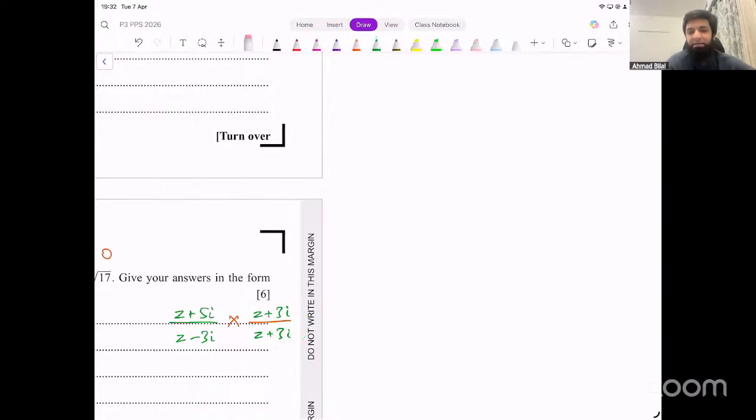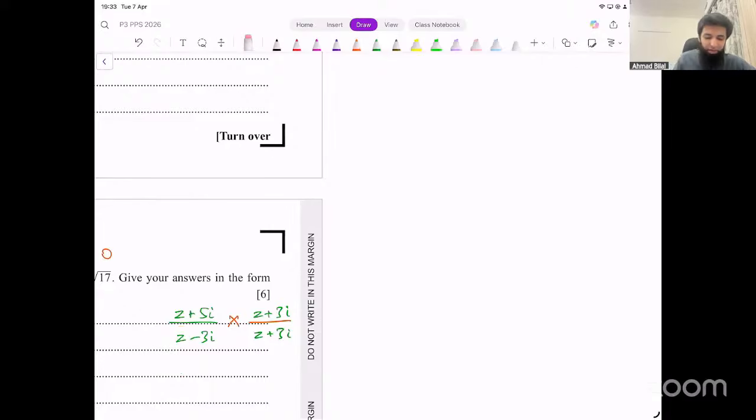It would not make sense still. Why? Because z plus 3 iota is not the conjugate of z minus 3 iota, because z itself is a complex number. Since z itself is a complex number, there is an iota term inside z as well. It will have a real part, it will have an imaginary part. So when you talk about conjugate, the imaginary part of z should also change sign.